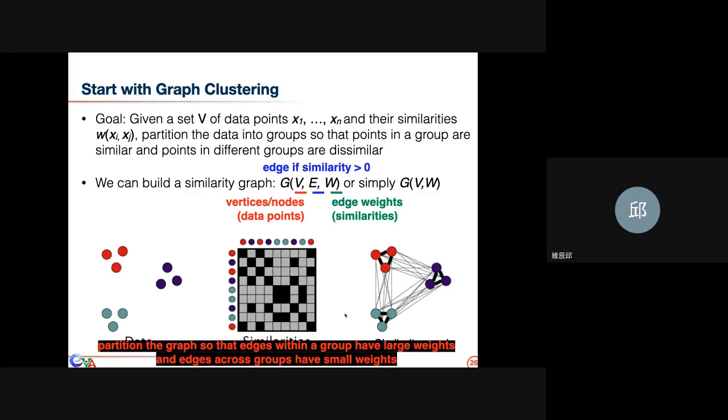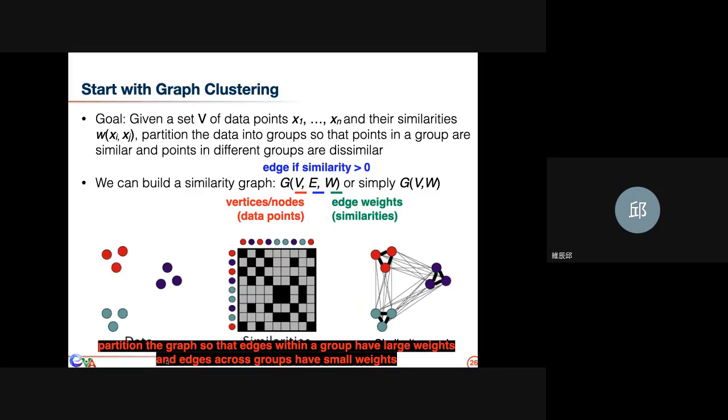Once we have this similarity graph, we try to partition it such that the edges within a group have large weight. That means the data points assigned to the same group have strong similarities to each other.